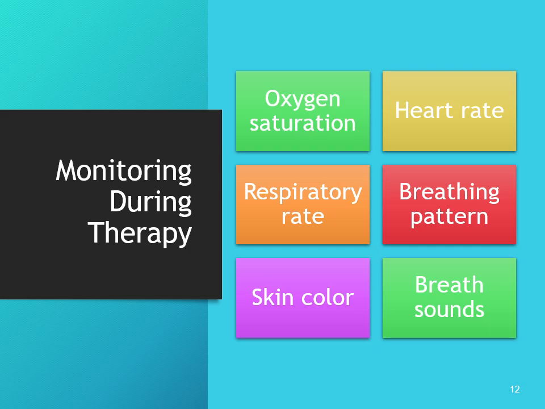You should assess pre, during, and post airway clearance therapy. Make sure that breath sounds are assessed before and after every treatment, and the amount of sputum is documented and the consistency.